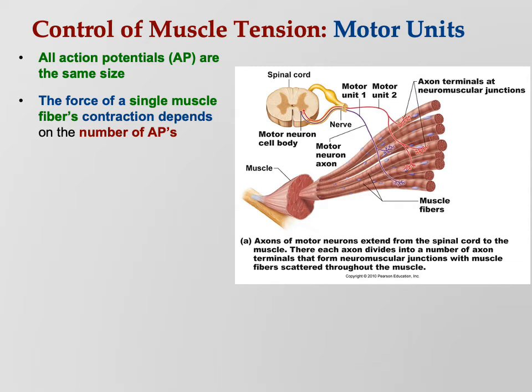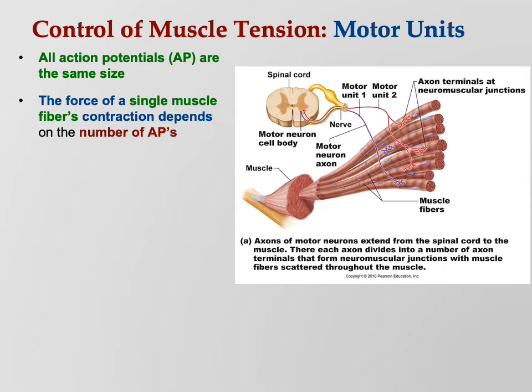But what if we send 10 action potentials in a second? As it turns out, we'll see coming up in an illustration, we can produce what's called wave summation. The contraction of the muscle fiber builds on the previous contraction. So the number of action potentials per second can generate increasing amounts of tension within the muscle.